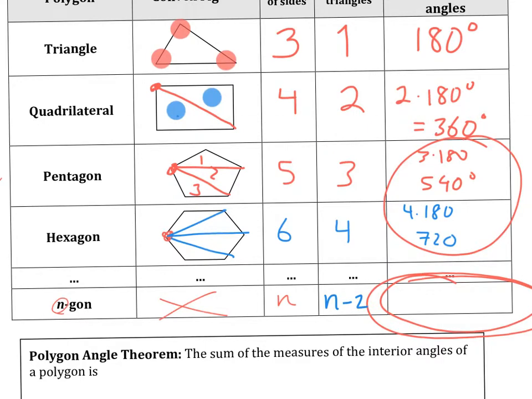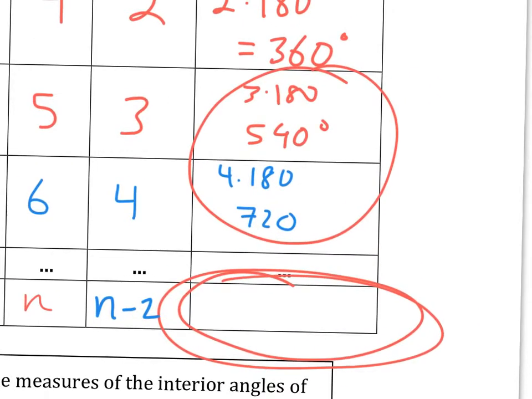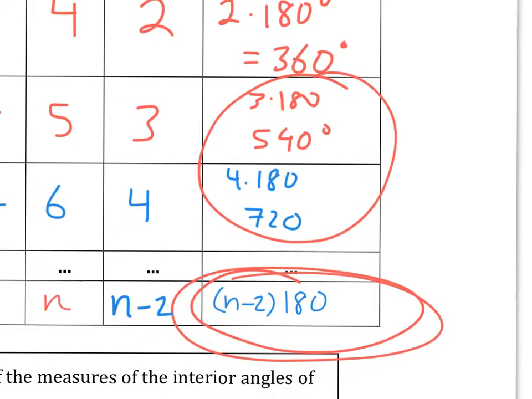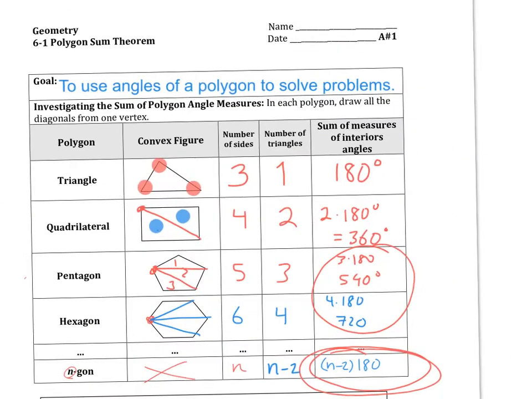We're subtracting every time. So how do I get this number from the 4? How do I get this number from the 3? We're multiplying the number of triangles by 180. So what's the question we're asked here?